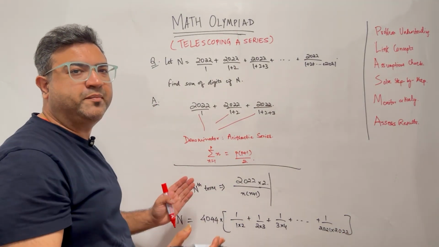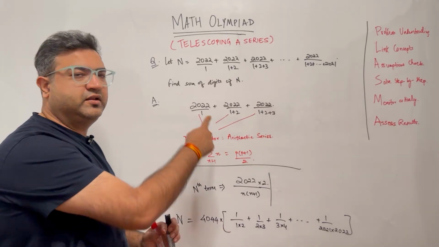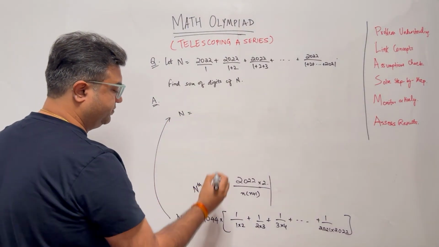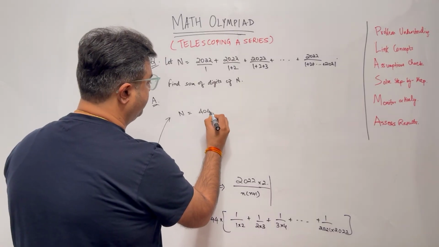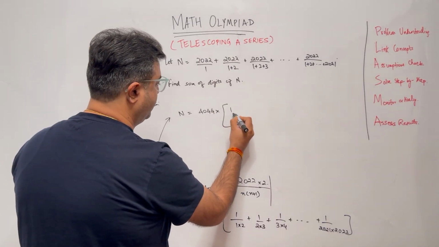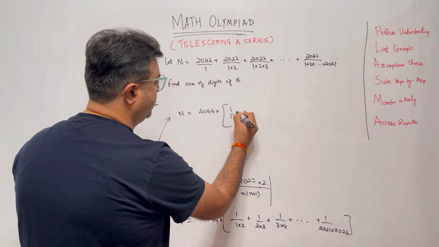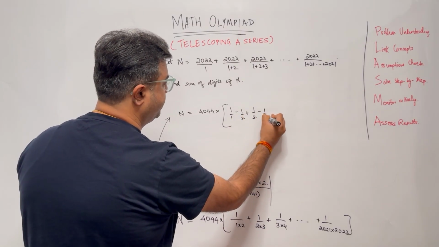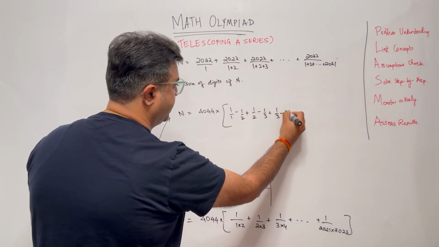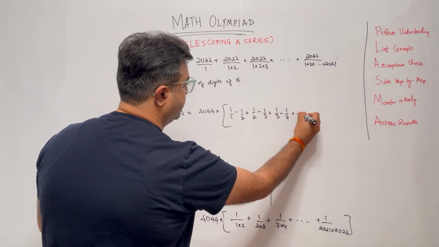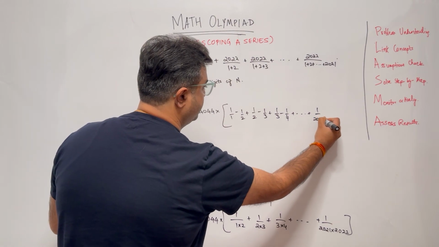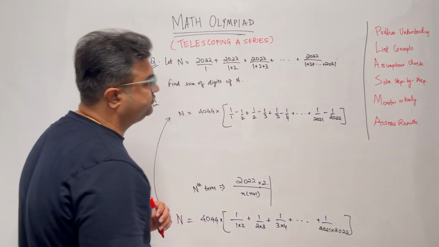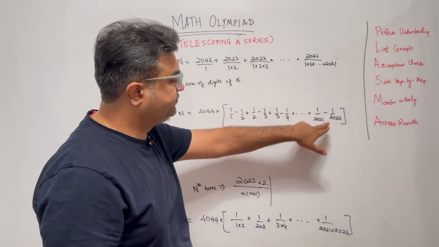Okay, feeling happy about it? Let's erase the top. So coming here, n will become 4044 multiplied by 1 by 1 minus 1 by 2 plus again 1 by 2 minus 1 by 3 plus 1 by 3 minus 1 by 4 plus up to 1 by 2021 minus 1 by 2022. Correct?